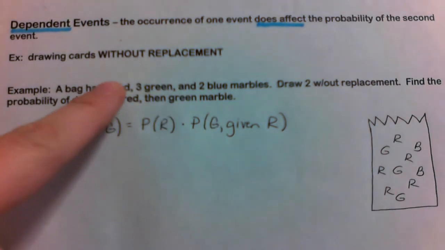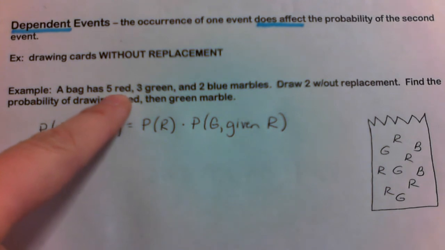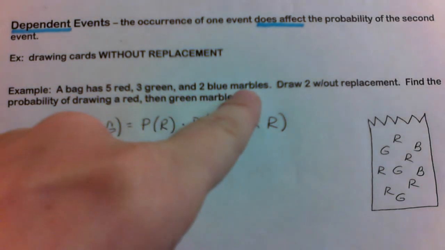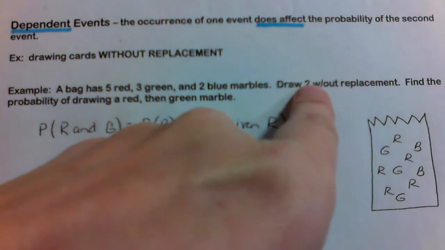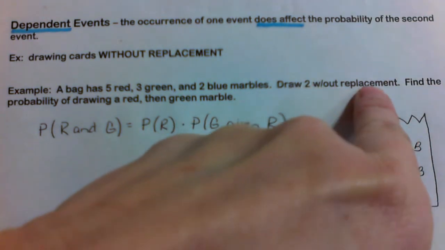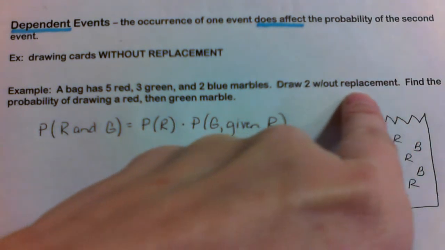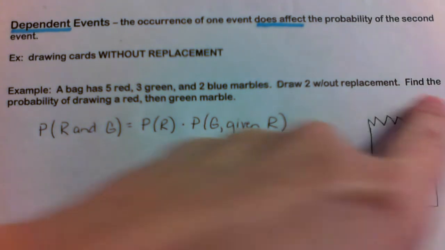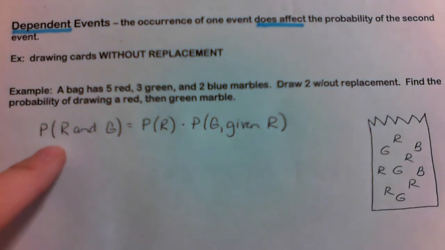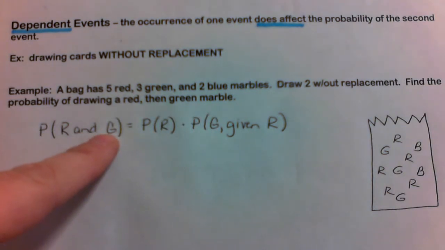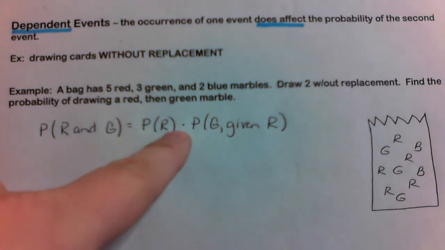We have a bag that has 5 red marbles, 3 green, and 2 blue marbles. Now you're going to draw 2 marbles without replacement, and that's the key right there that makes them dependent. Find the probability of drawing a red and then a green. So we want to know what's the probability of getting a red marble and then a green marble. So it's the probability of red times the probability of green given red.